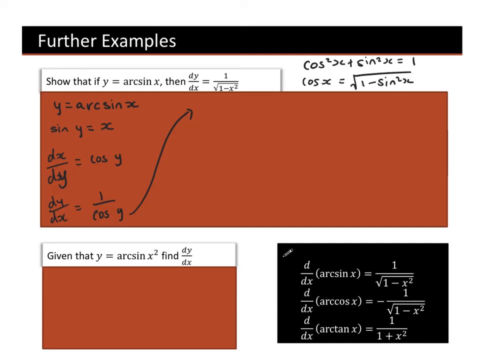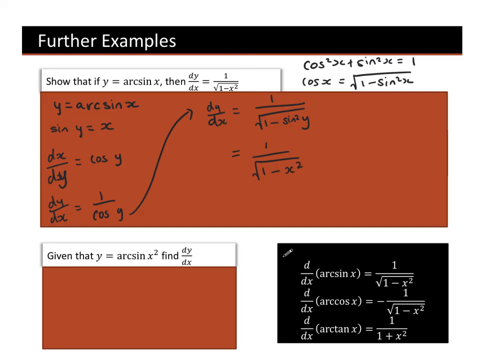Okay? So now that means that my differential cos y is the same as writing 1 minus sine squared y. We know that sine y is x, so sine squared y must be x squared if we square both sides. So that becomes square root of 1 minus x squared, which is just what we had to prove.